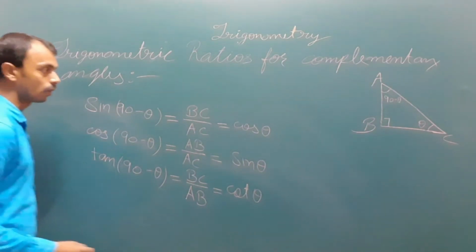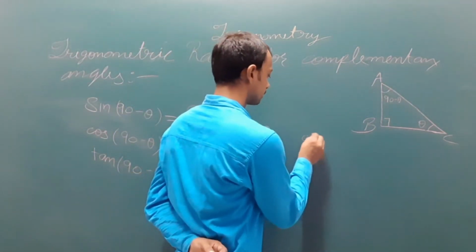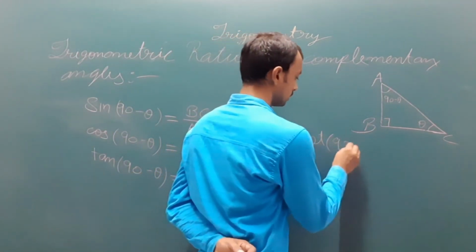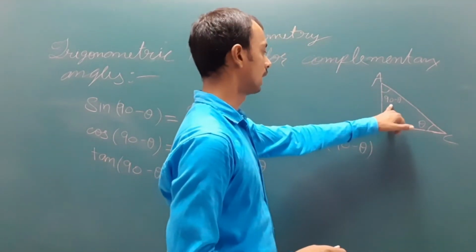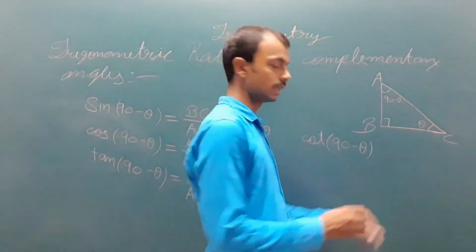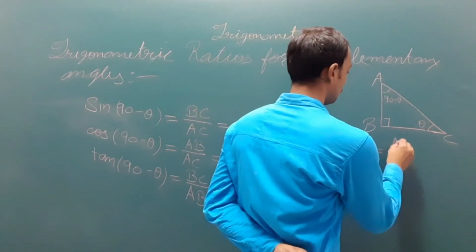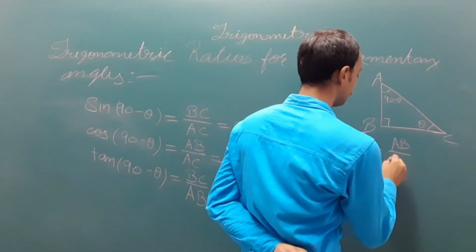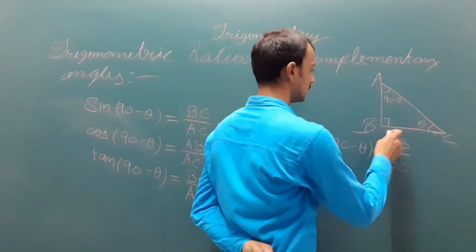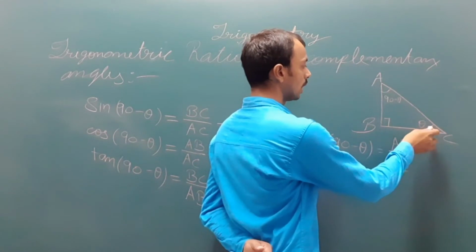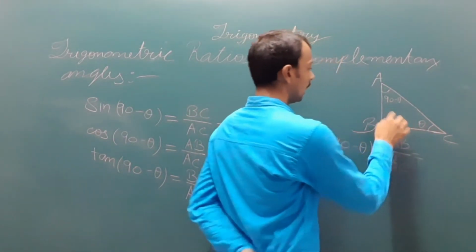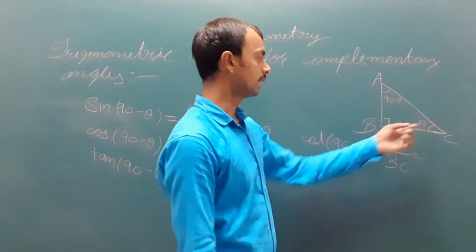Now what will be cot 90 minus theta? Cot 90 minus theta is adjacent upon opposite, that is AB upon BC. AB is opposite to angle theta, and BC is adjacent to angle theta.